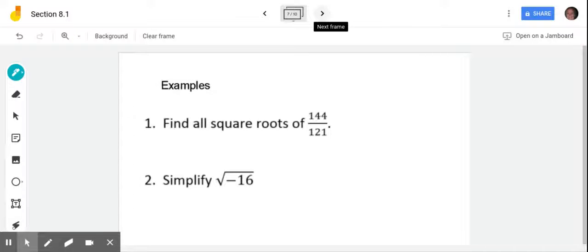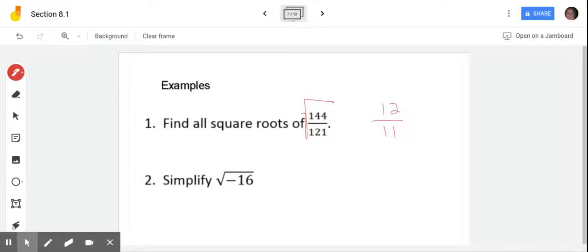Okay. We can simplify square roots in a fraction by taking the top and the bottom separately. So I can find the square root of this division problem separately, and it would be 12 over 11.